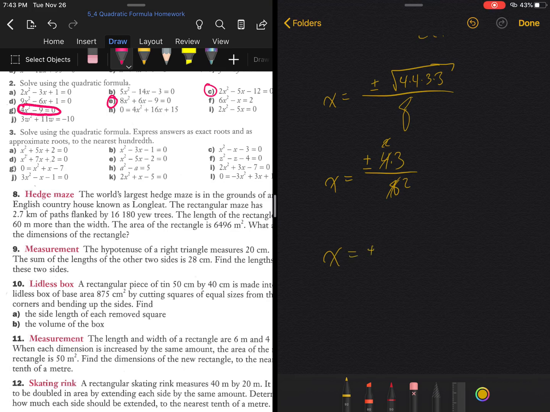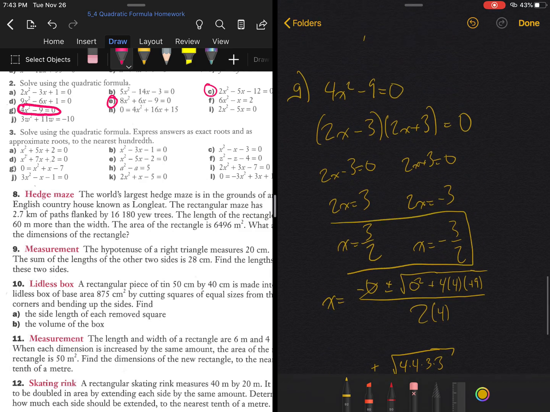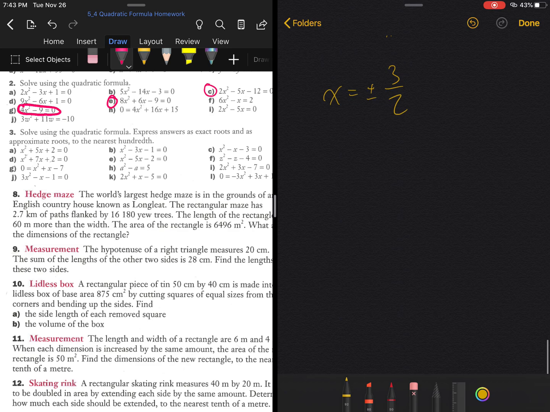Divide the bottom by 4, you're left with 2. Divide the top by 4, you're left with just that 3. So the answer is plus or minus 3 over 2, which is what we got here anyway.